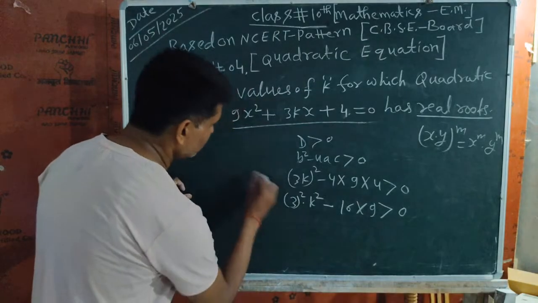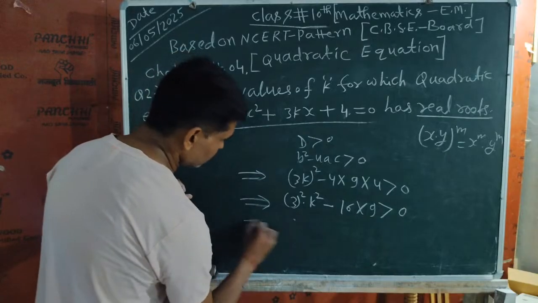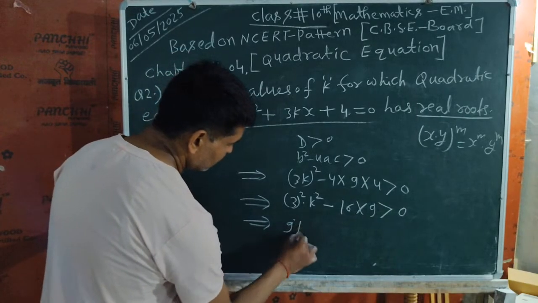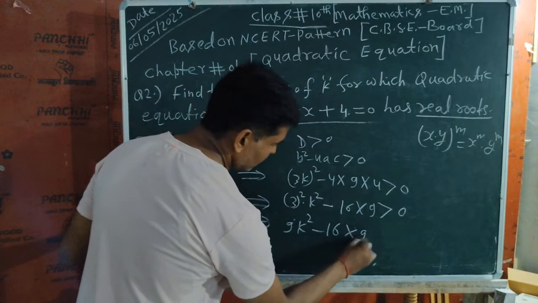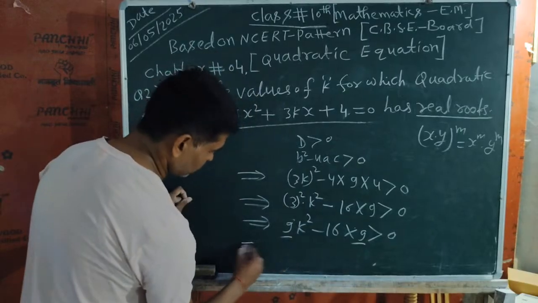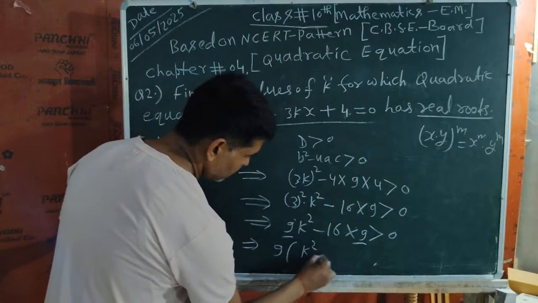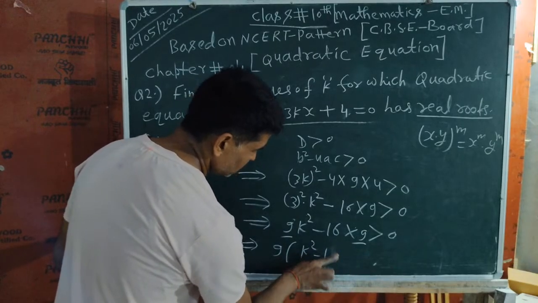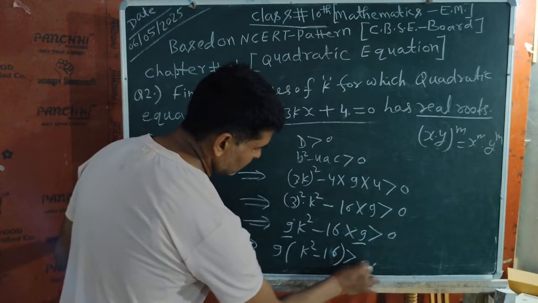Now here I will say implies that 9 k square minus 16 into 9 which is greater than 0. So I will take 9 common. So I will write here k square minus 16, k square minus 16 which is greater than 0.